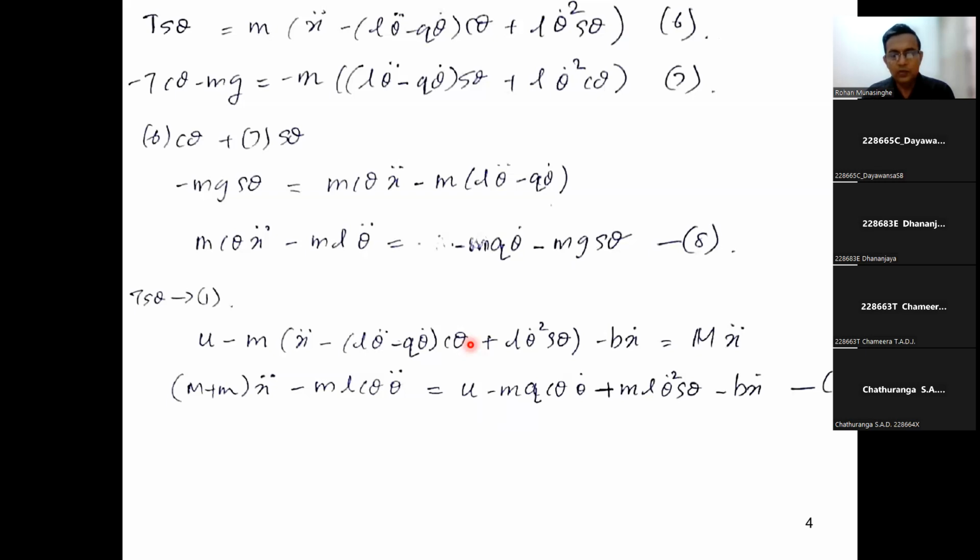Now, if you think like that, you will figure out that state variables are actually x dot and theta dot. So you should be able to figure that out.